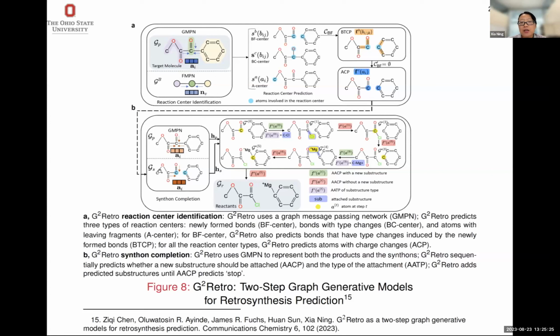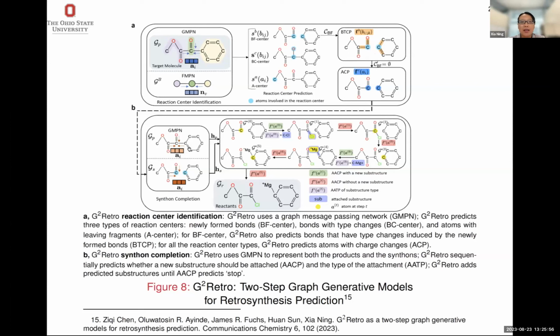And the second phase is to complete each synthon back into valid reactants, valid molecules. As you can imagine, there is a lot of representation learning involved in order to predict where to break this molecule. We need to represent each atom, or each node in a molecular graph, using message passing neural networks, and then predict the reaction center and break from there.